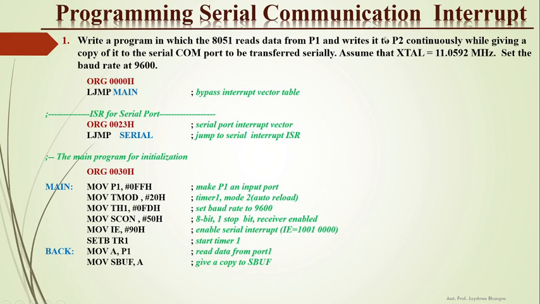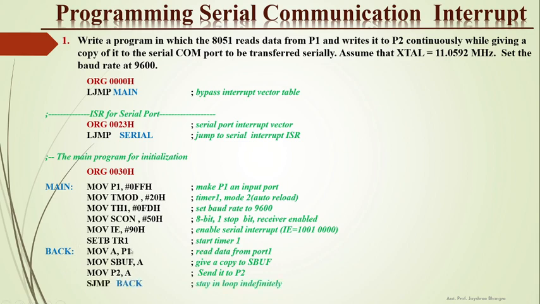What we have to do is get the data from port 1 and send it to P2 continuously, and also send a copy of that data serially. So we place that data in SBUF to transfer it serially, and we also transfer that data to port 2, and we have to do this continuously.